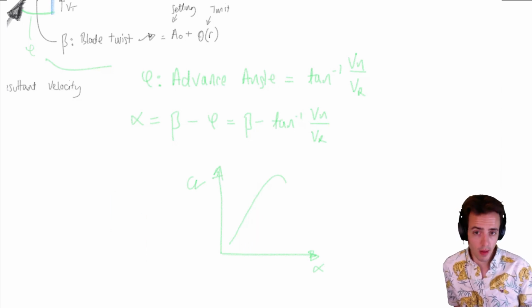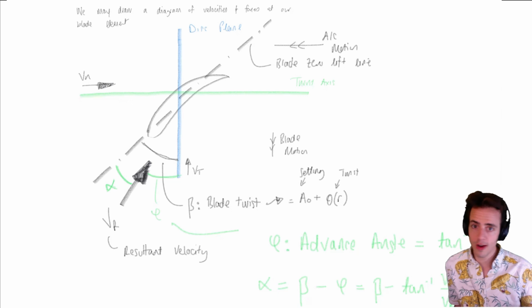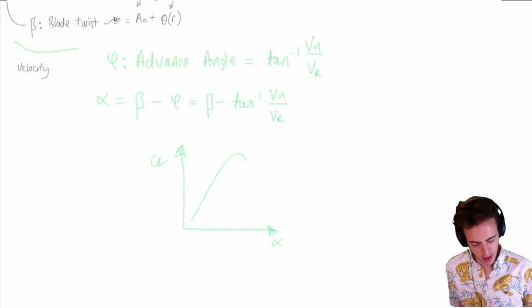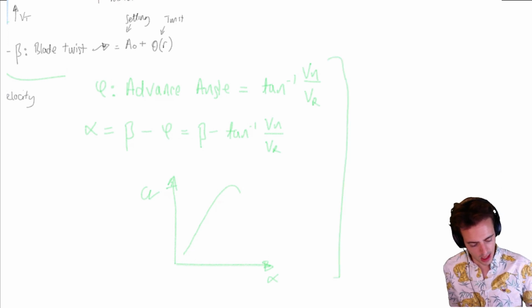Now, we know that somehow the lift is related to the thrust that's produced on the propeller. So the faster we go, the less thrust that's produced by a propeller blade. We can sort of appreciate that, hopefully, from this bit here.